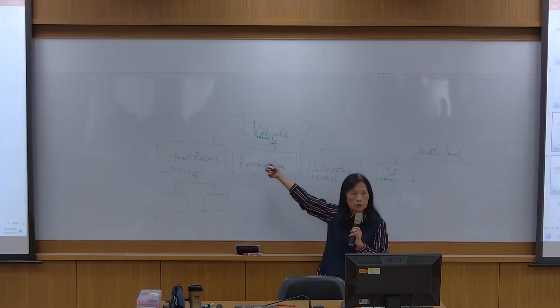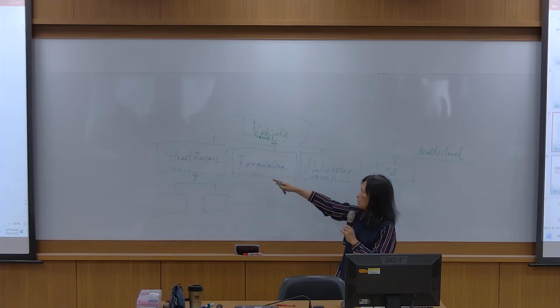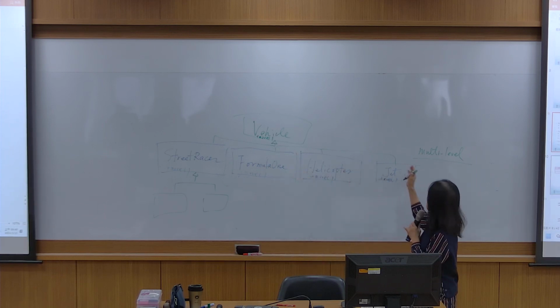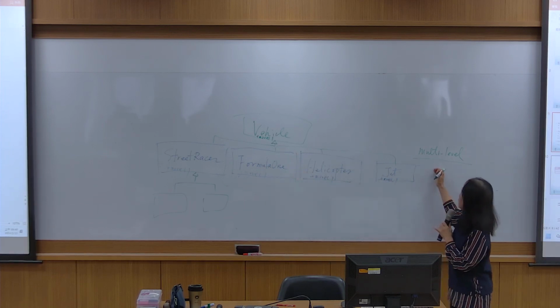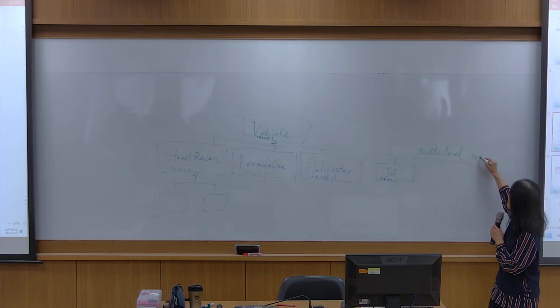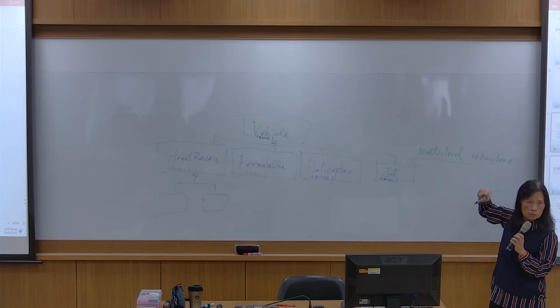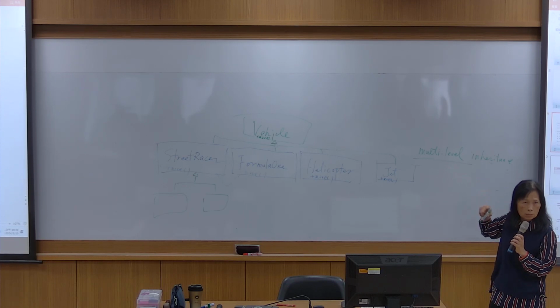Child depends on parents, right? So whenever the parent changes, the child will be changed, right? That is the problem of multi-level inheritance. Okay. And tell me, what is multiple inheritance?